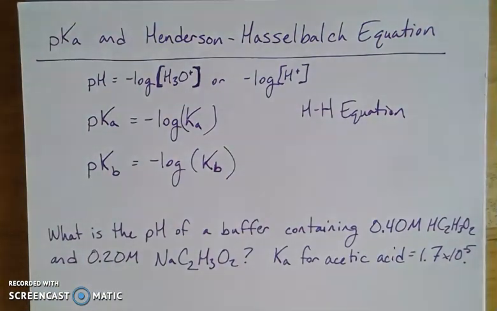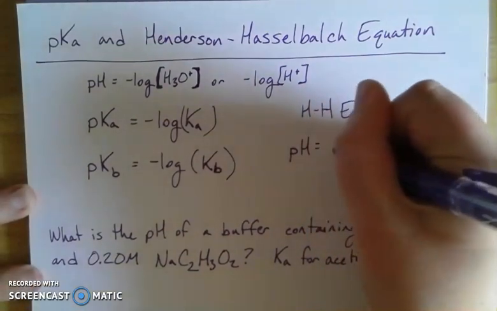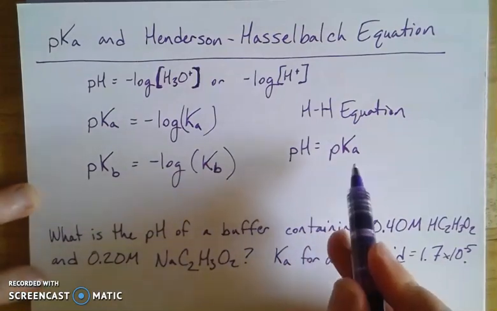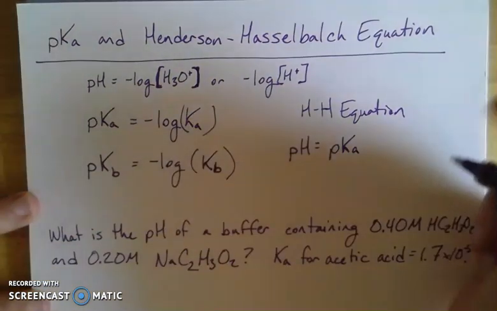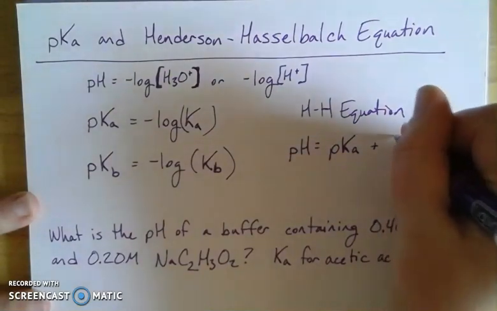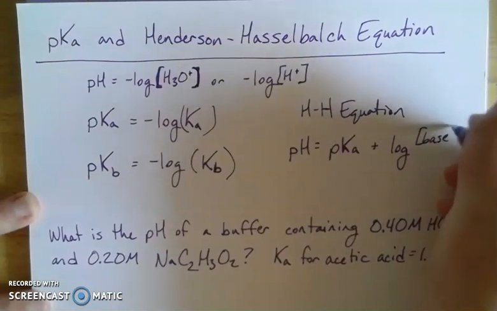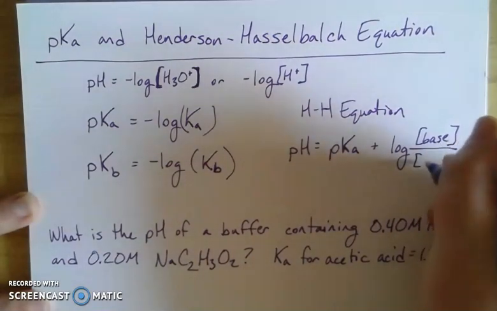good old HH, is super useful because it says that the pH is equal to the pKa, so this is relating the two of them together. If we know the Ka of our acid system, then we can get to the specific pH, plus the log of the concentration of the base, the conjugate base, whatever the base component is to our system, over the concentration of our acid.